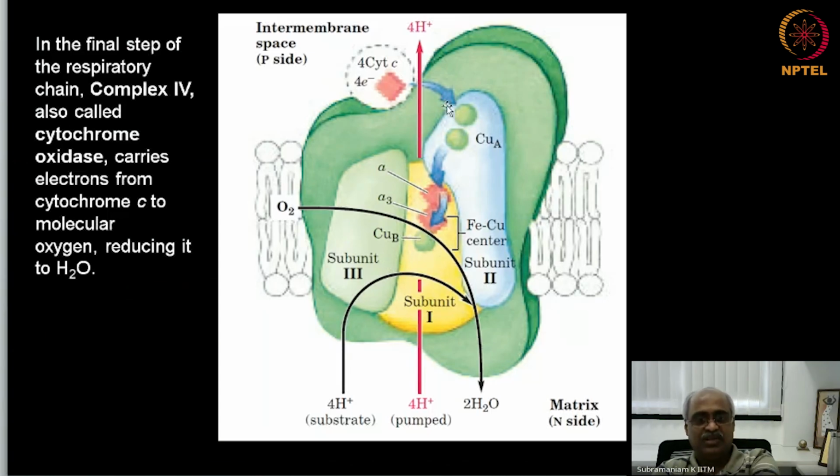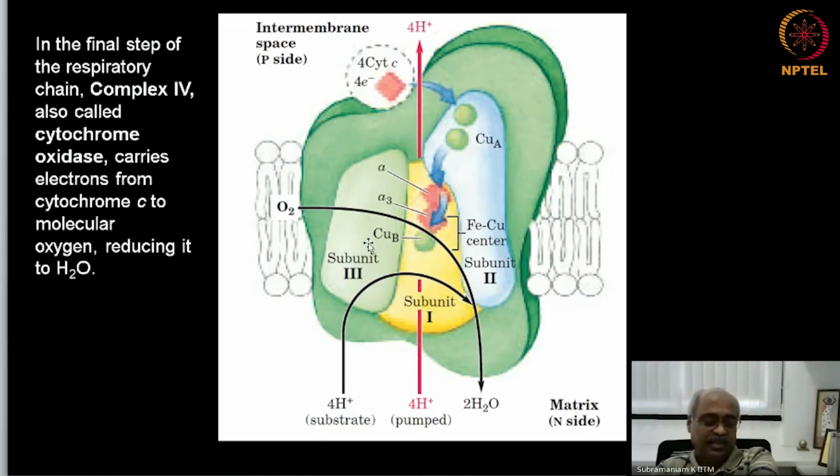So it flows to the subunit 2, where the metal ion that is oxidized and reduced is copper, and to a copper center in subunit 1, and before that you have these heme groups A and A3. These are the cytochromes. So we have encountered cytochromes in complex 3 and now in complex 4.